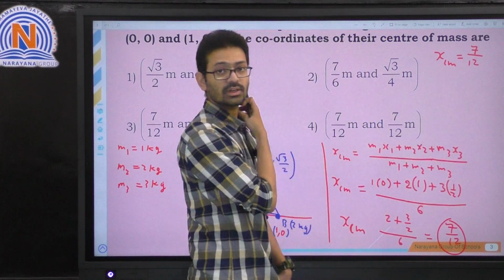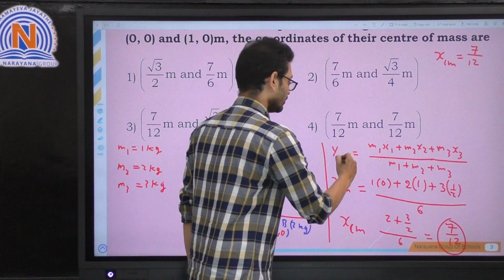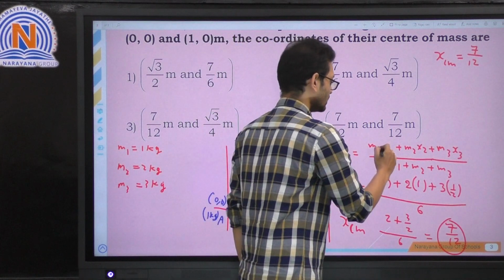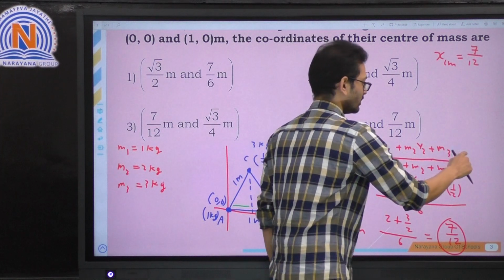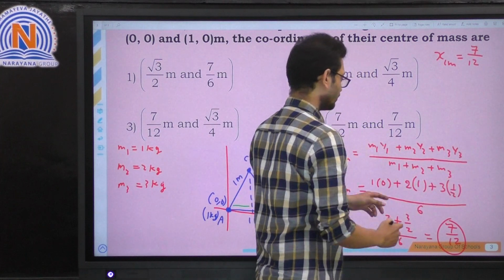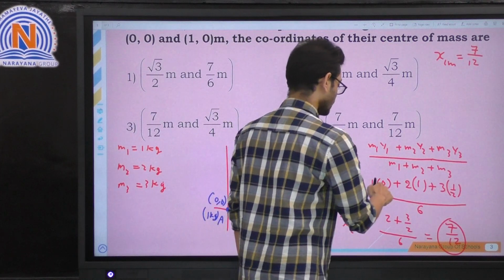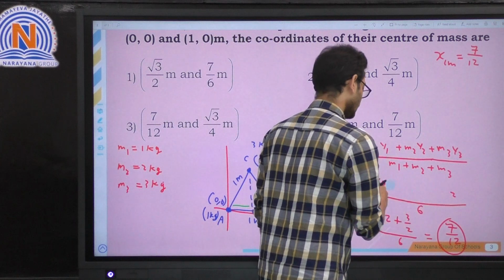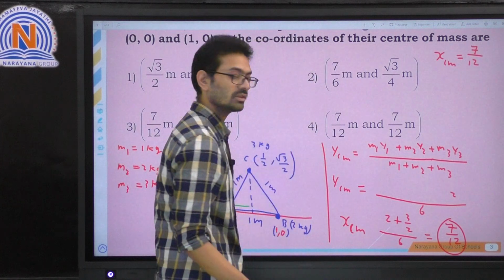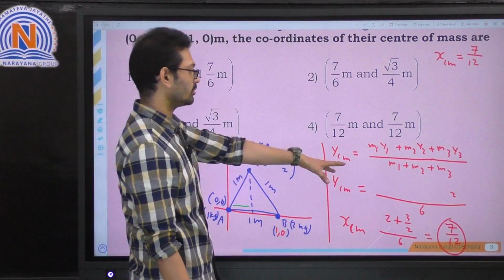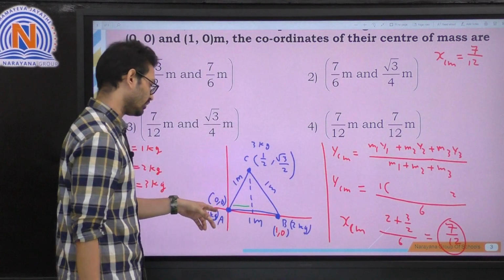Now let us find out y center of mass. Y center of mass is nothing but y cm. So you place m1 y1 plus m2 y2 plus m3 y3 by m1 plus m2 plus m3. So y center of mass, if you try to substitute those values, what happens? Down anyway 6 it is, m1 plus m2 plus m3 is 6. So in the numerator what happens? m1 is 1 into y1 is how much? y1 is 0.